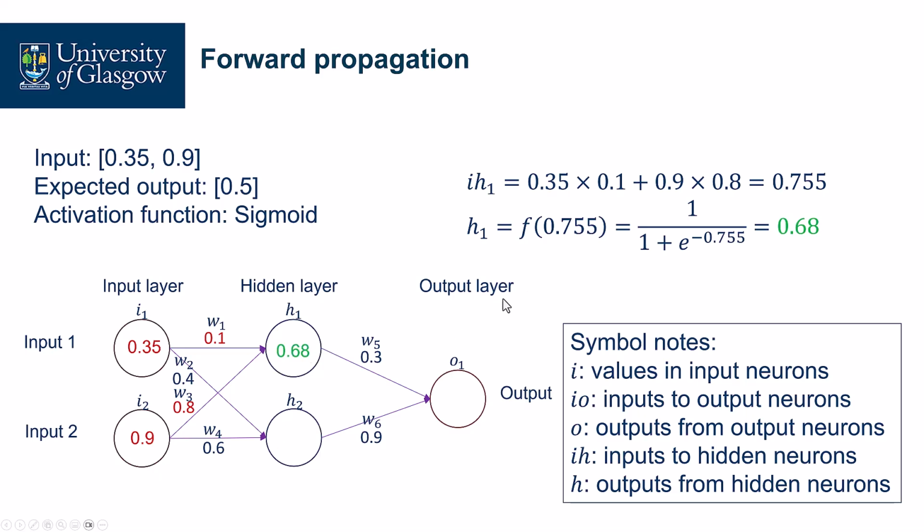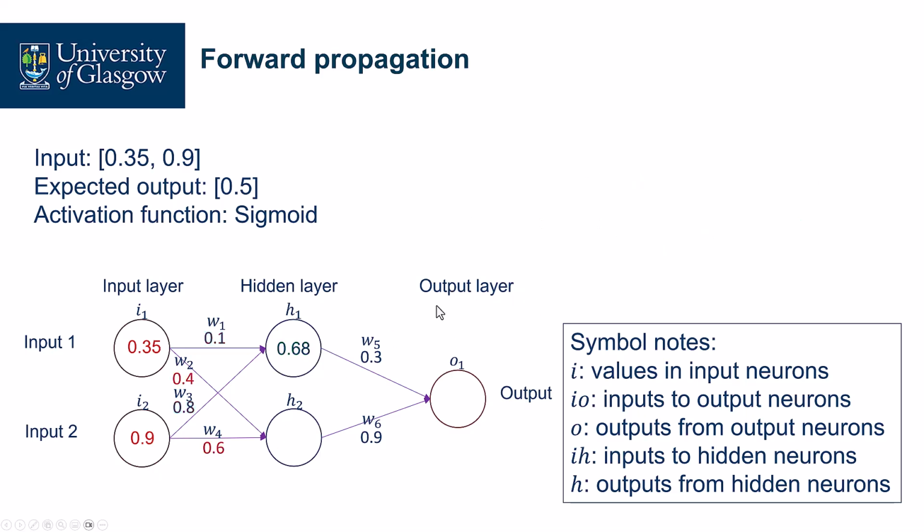Then we will see H2, right? Following the same way. For H2, first we get the input of H2. We also have two routes. One route is from I1, and the other route is from I2. So we can see I1 multiplied by W2 to here, and I2 multiplied by W4 to here, right?